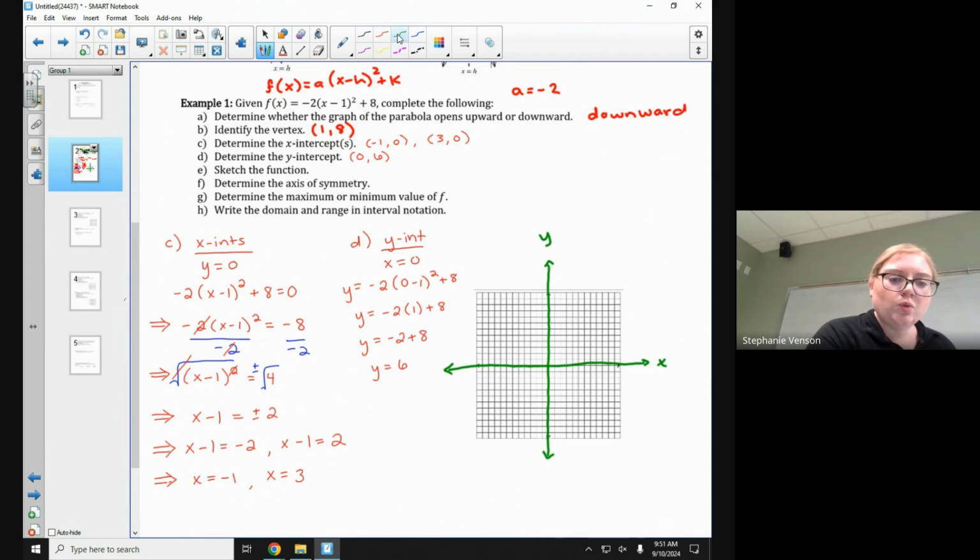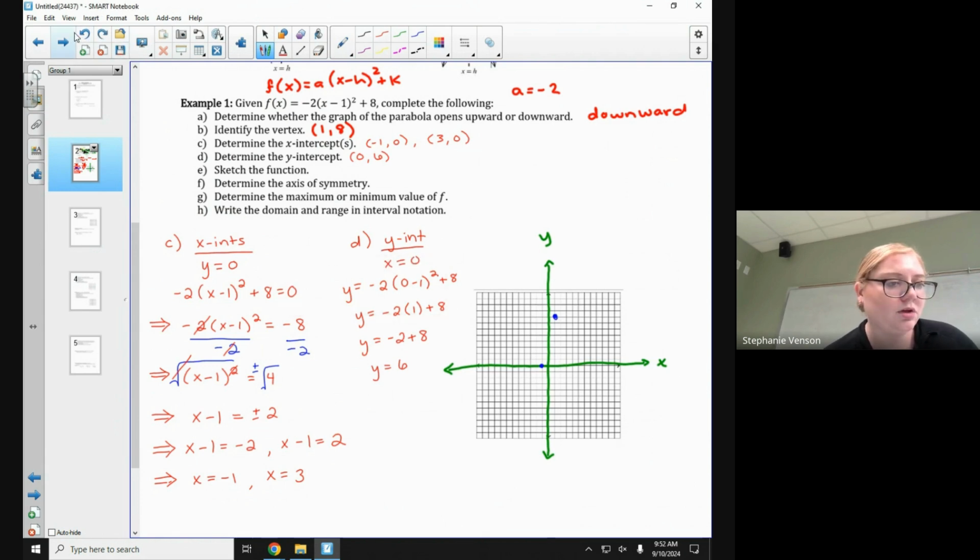Okay, so we're just going to plot the 4 points that we know. We know our vertex, we know our two x-intercepts, and also the y-intercept. So we'll start with the vertex, (1, 8). So 1, 2, 3, 4, 5, 6, 7, 8. Okay, there is our vertex at (1, 8). And then we have x-intercepts at (-1, 0) and (3, 0). Except I did that at 2. Man, told you it was hard to see.